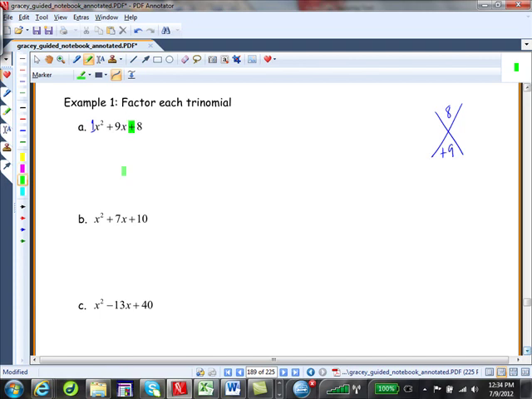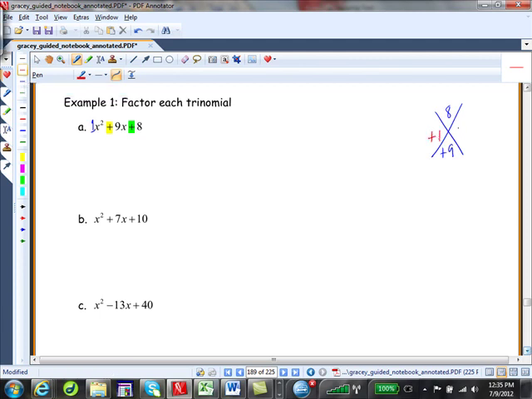I have a positive end product, and a positive in front of my b, so here the yellow means I added two positives because a positive times a positive is a positive. So the combination of the yellow and green give you your information to make your x. So here we go. To fill it in, what two numbers multiply out to be 8 and sum to be 9? Good.